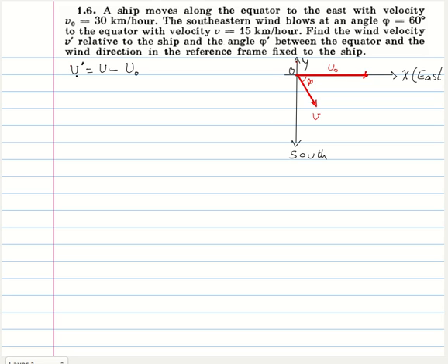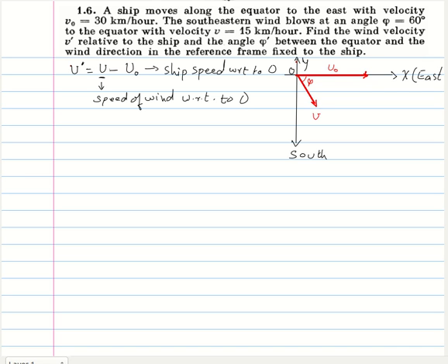So in our case we simply apply this formula. We know v, that is the speed of wind with respect to O. We know v naught, the ship speed with respect to point O. So both these things we know. So v dash is simply v minus v naught.